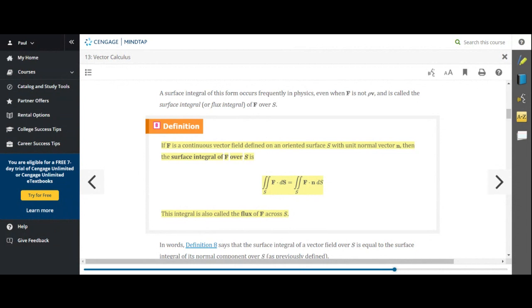The notation on the first integral, with dot dS where the S is in bold, like for a vector S, just stands for the flux integral. So whenever you see the double integral on the left, understand it's a flux integral and it means the double integral on the right.